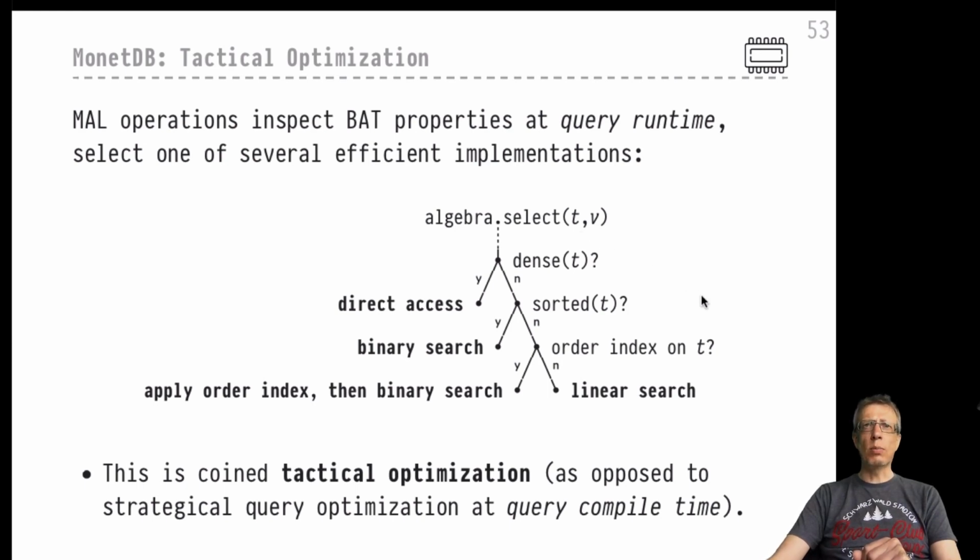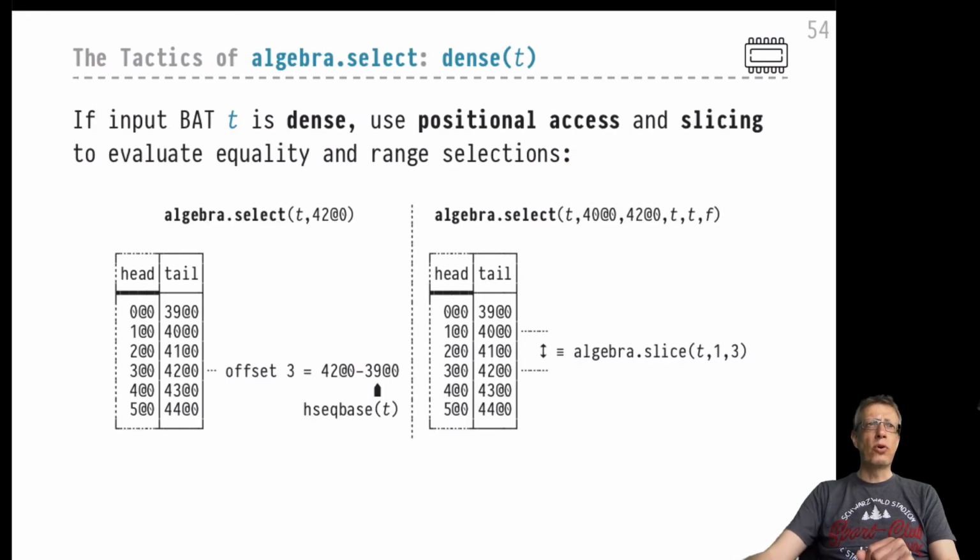This is tactical optimization. So let's see what these tactical optimizations of algebra select entail. For example, if algebra select detects that its argument BAT is indeed a dense BAT. Well, a dense BAT indicates that the tail column is carrying OID values. I think this BAT here should be a dense BAT. All right, so let's look at the tail column.